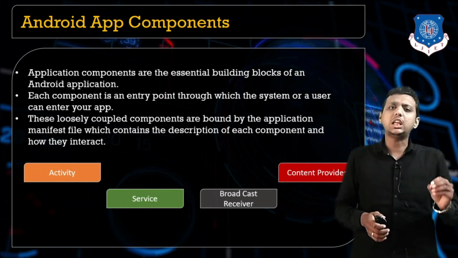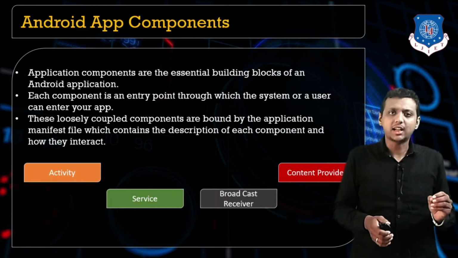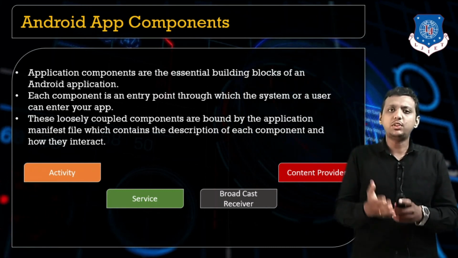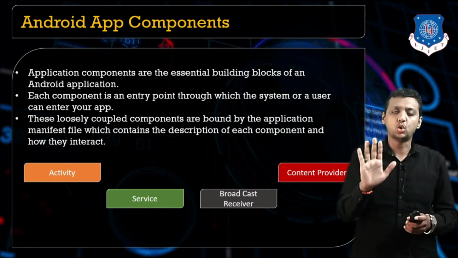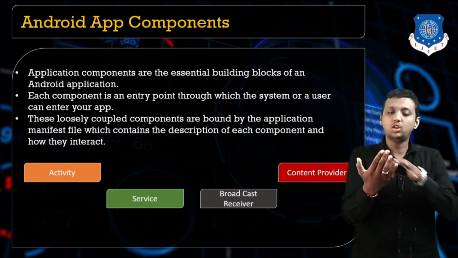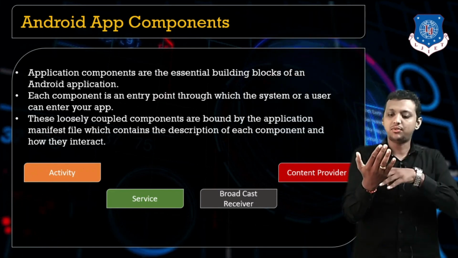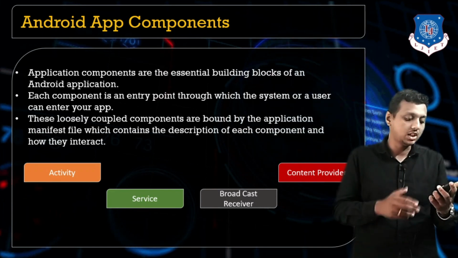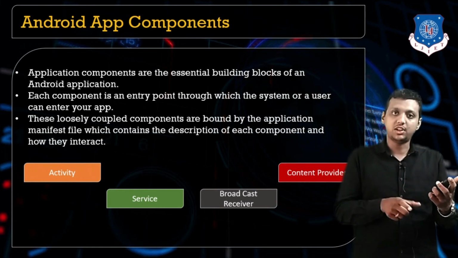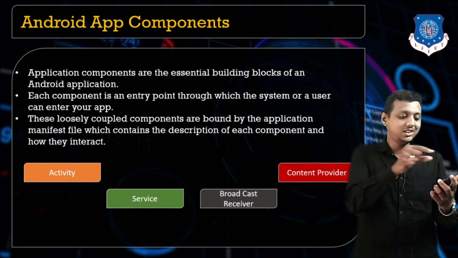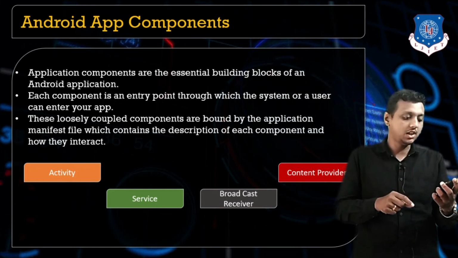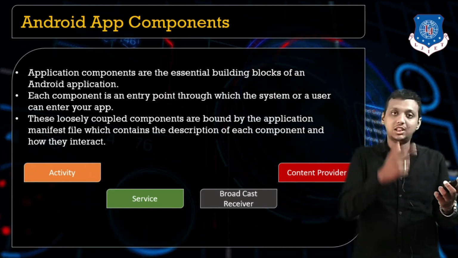Now, what do we mean by the activity? When you take a smartphone and click on an application, like WhatsApp, I can see the chats as the first option, so I can see the chat of each and every user. When I swipe, I can see the contact list.